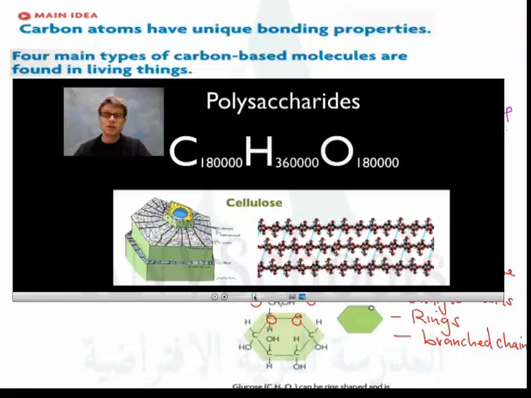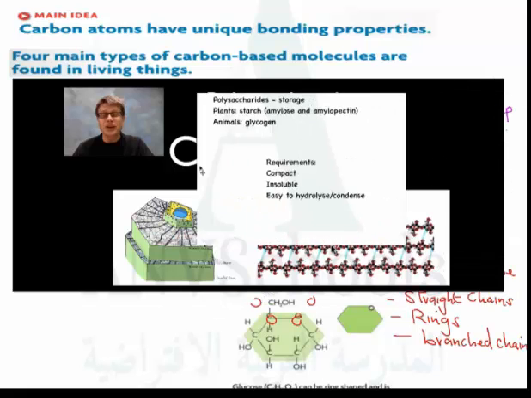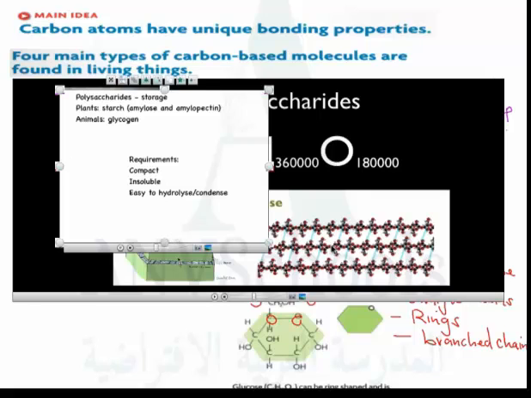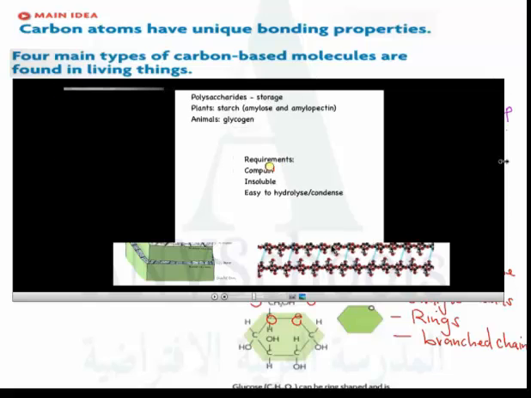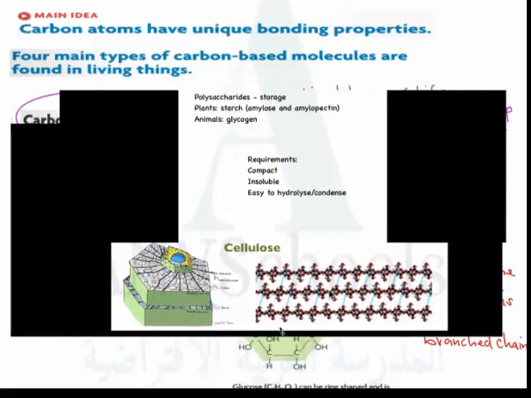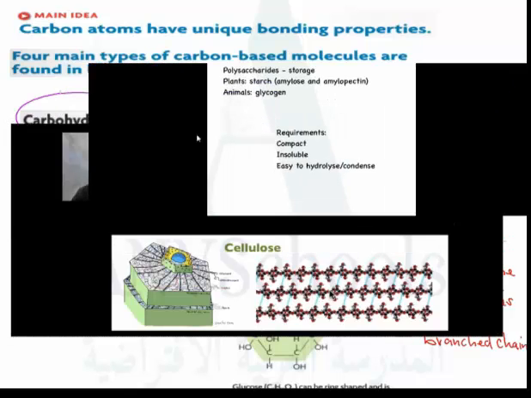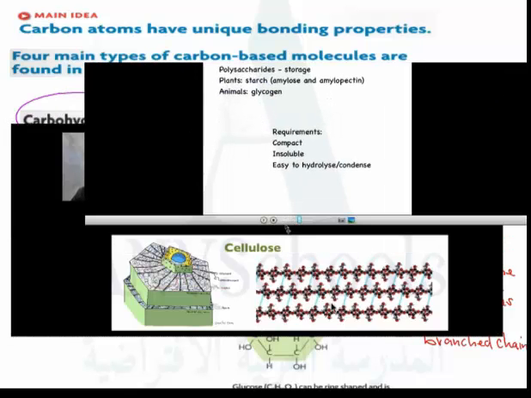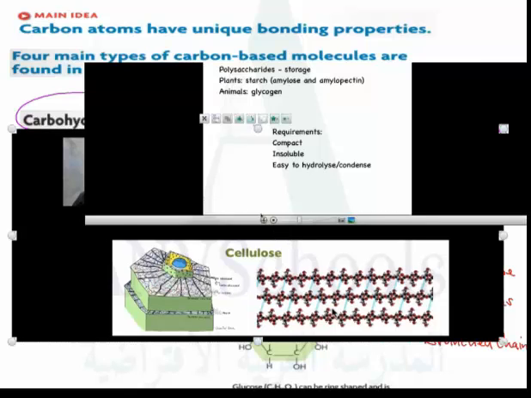So what happens here? What happens is that when these are being brought together, we will be looking at this in detail here. What happens so that we have these big molecules?